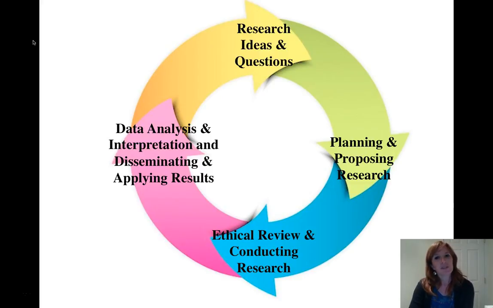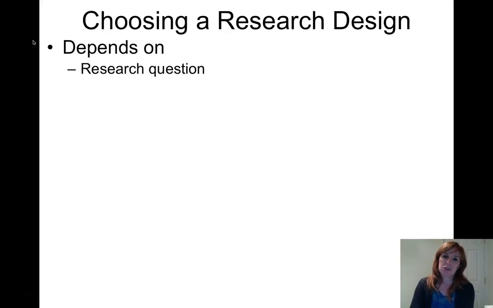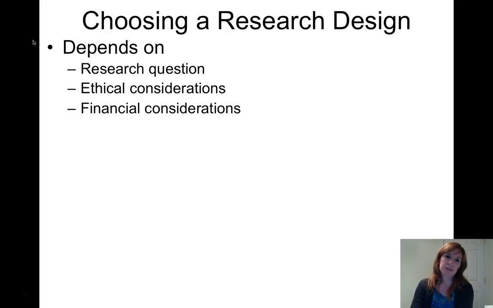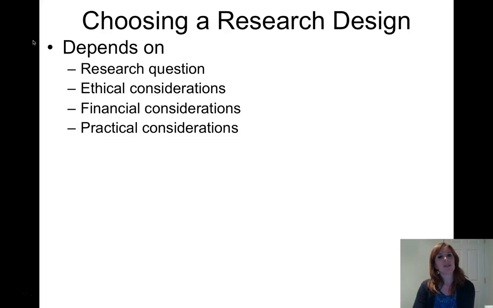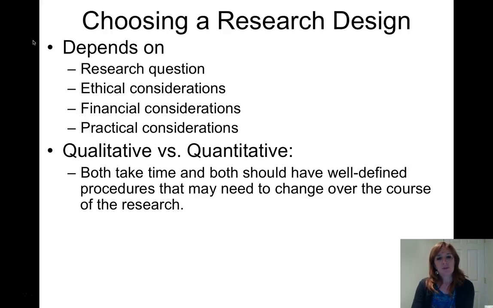So we have our research ideas and our questions, and we want to plan and propose research. So planning involves choosing a research design, which depends on your question. Again, coming back to ethical considerations and financial considerations, practical issues. As I mentioned before, there is often a somewhat large divide between qualitative and quantitative approaches.